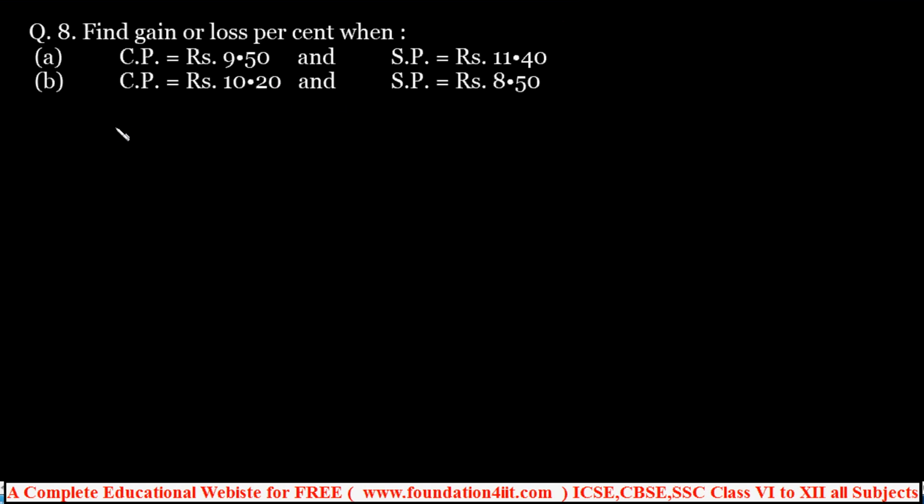Let us see this type of question also, when the problems are in decimals, just for revision purposes. Find the gain or loss percent when cost price and selling price are given. Okay, just for understanding, let us have these questions again. The first problem, A: the cost price is rupees 9.50 and the selling price is rupees 11.40.